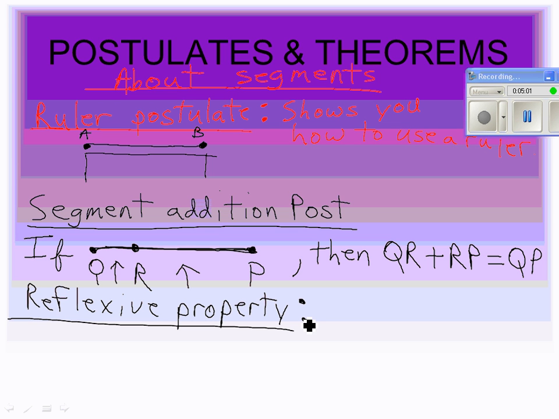A equals A. And the way we're going to write reflexive property out here, and this is going to be on some of the definition tests that we take, so make sure you know what it is. Anything, and I know that's not a good word as far as using it in a definition, anything equals itself.